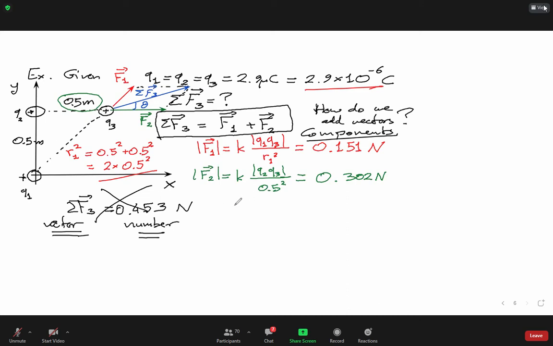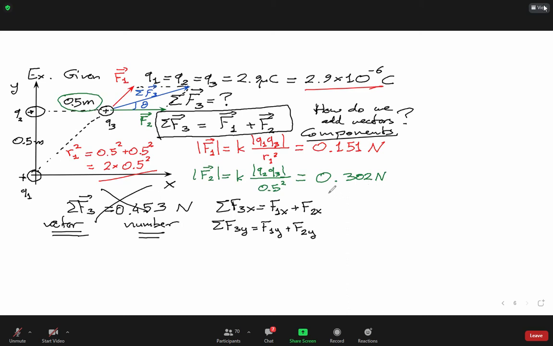So I'm going to say that the x component of the total force on charge Q3 is the x component of the force F1 plus the x component of the force F2. And of course, the same for the y component. So now I don't have arrows, I have numbers, which are a lot easier to deal with. Right? And all I have to do is figure out what these components are.